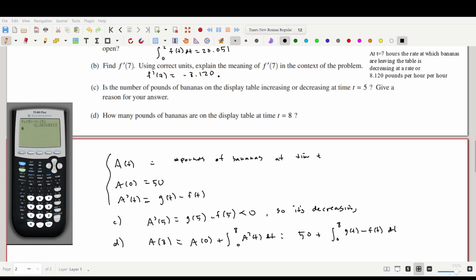And I dumped that in my calculator. 50 plus math 9, 0 to 8, alpha trace g minus f, y2 minus y1 dx. I think that works.